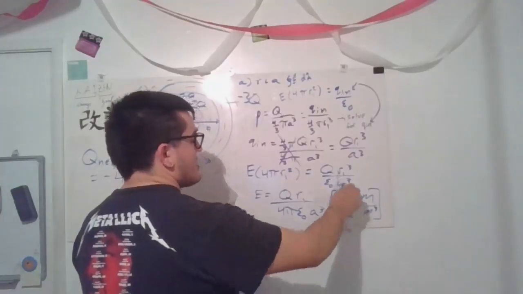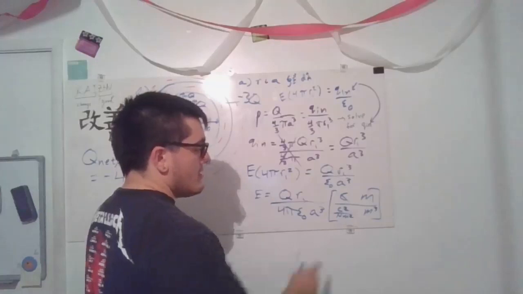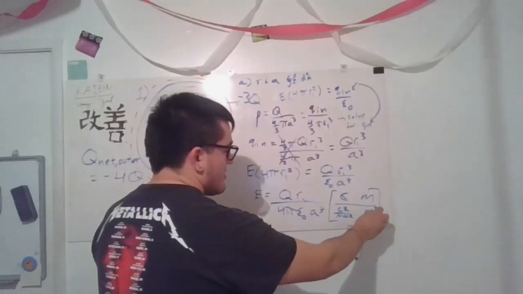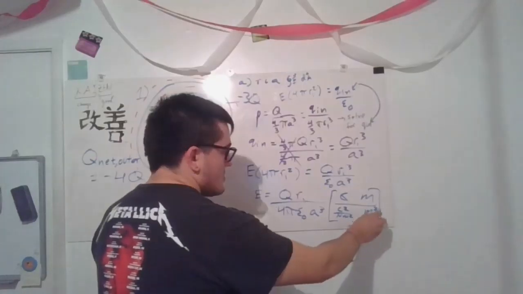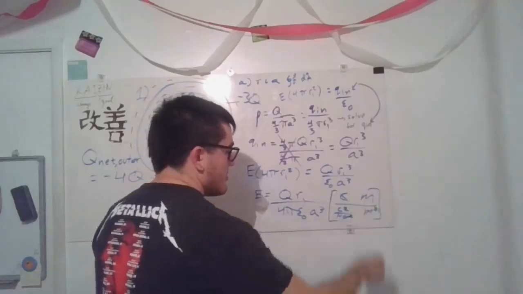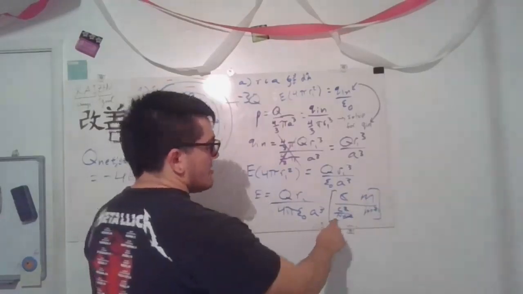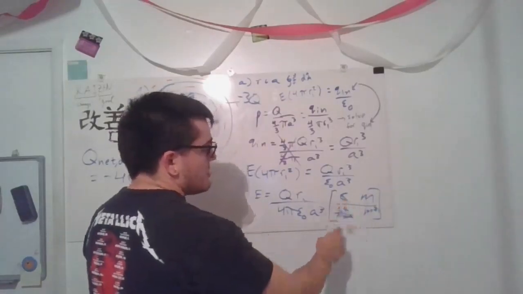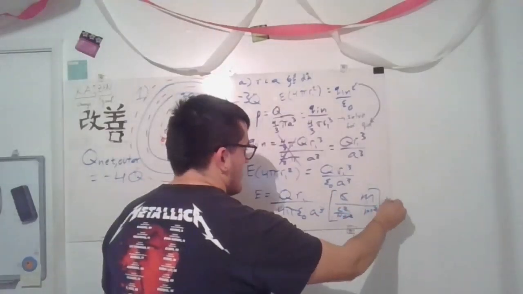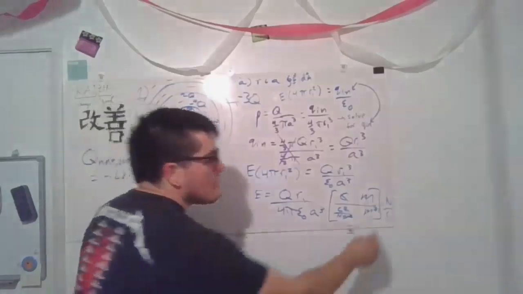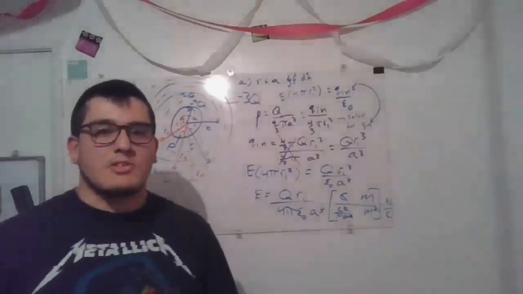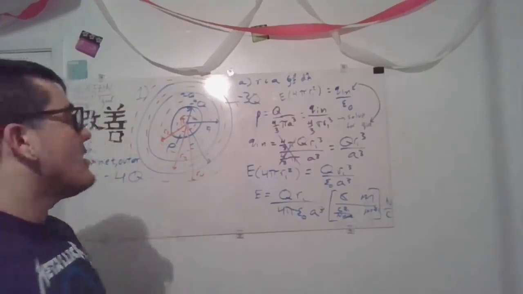You'll have a Newton meter squared on the top, right? Two of those cancel out with two of these. And then you have meter over meter, which will cancel. So this 2 is canceled. This Newton will flip up, and you'll get newtons per coulomb. You can do that every time to make sure you're like 100% right.